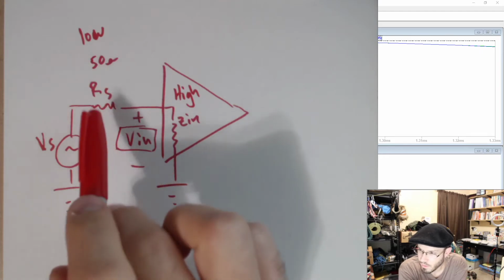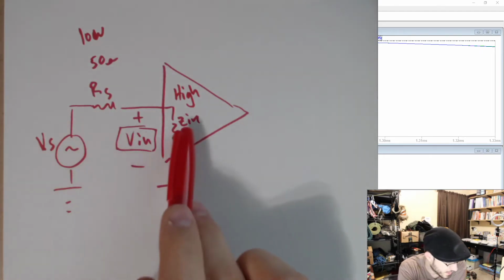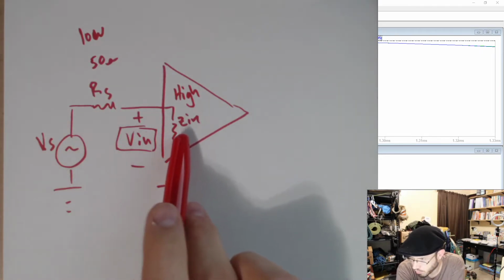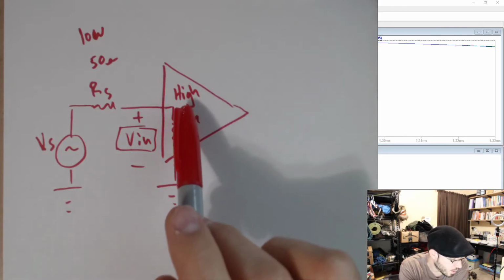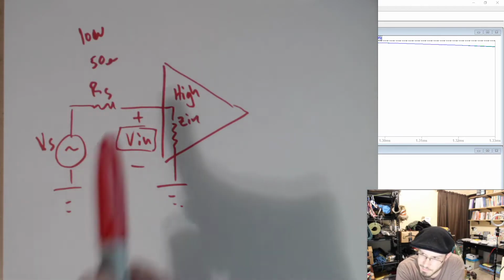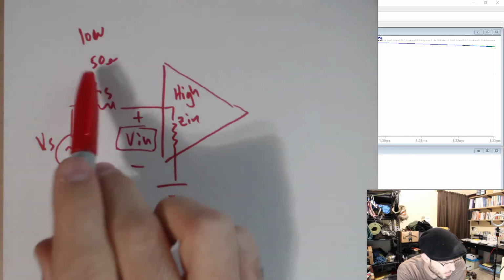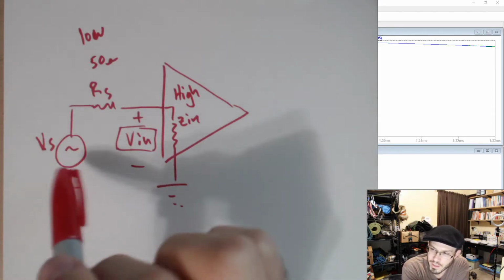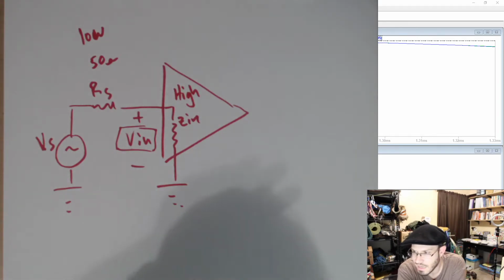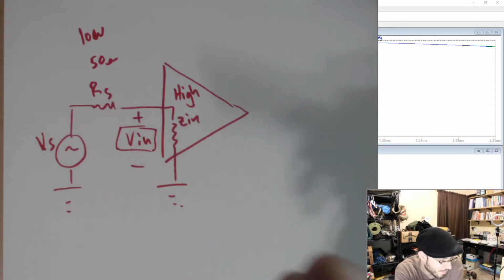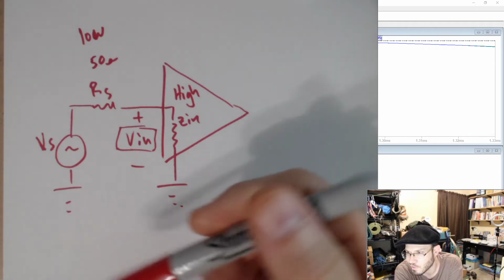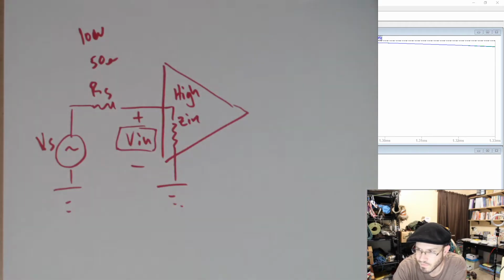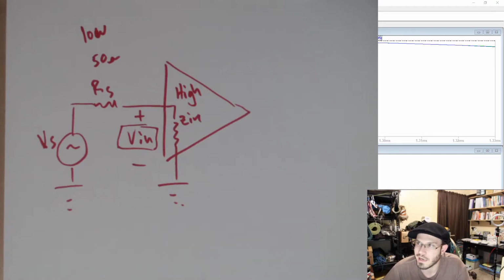This is pretty low. 50 ohms is fairly low, and Zin is actually pretty high. So we're not going to see much of a difference, but let me show you what happens if I increase this RS value. Let's say we don't have an ideal source. Let's say we have a source that's displaying an output impedance of something closer to 200, 300 ohms, 500 ohms, something like that. Let's see what that difference ends up turning into.